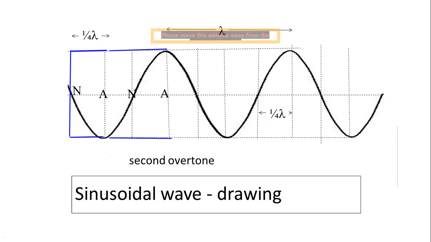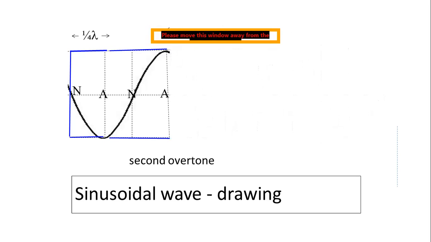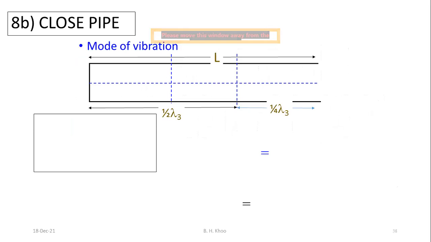But don't be too stressed about it. Know how to get the formula rather than stress if different books call it differently. So this is the second overtone, not the first overtone. This is the third harmonic.